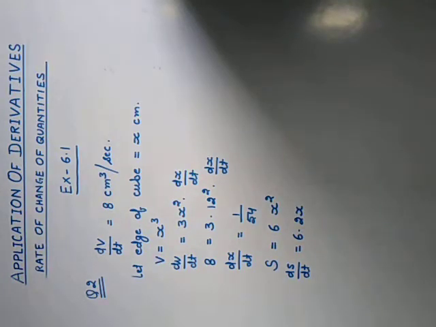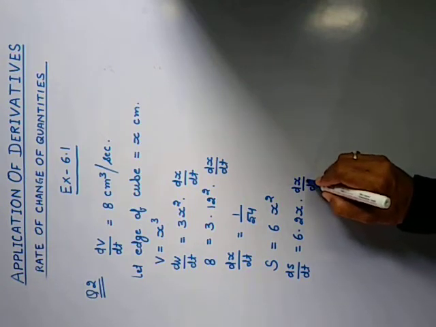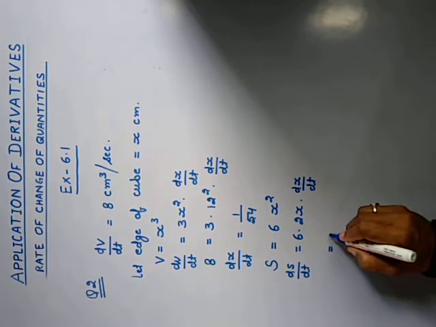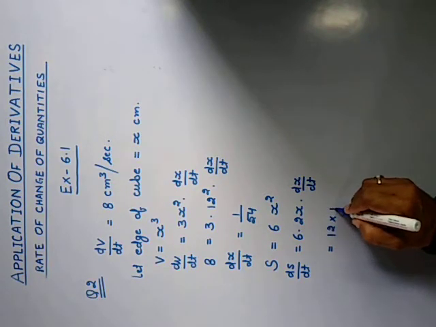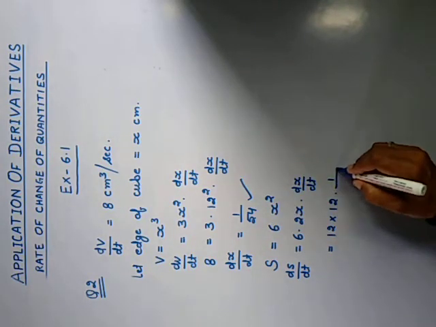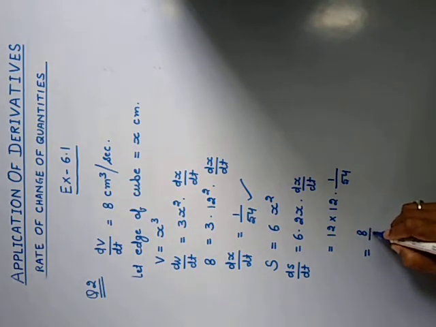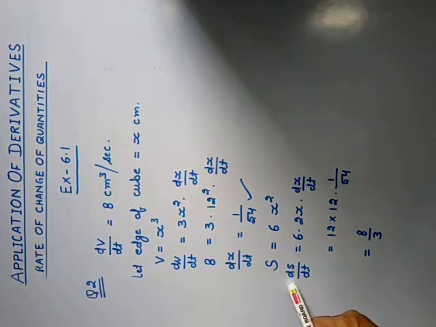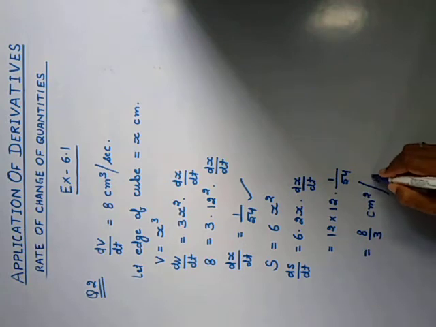Differentiation of x square is 2x into dx over dt, which equals 12, and in place of x again 12. Value of dx over dt is 1 upon 54, which equals 8 upon 3, and since it is surface area with respect to time t, the unit will be centimeter square per second.